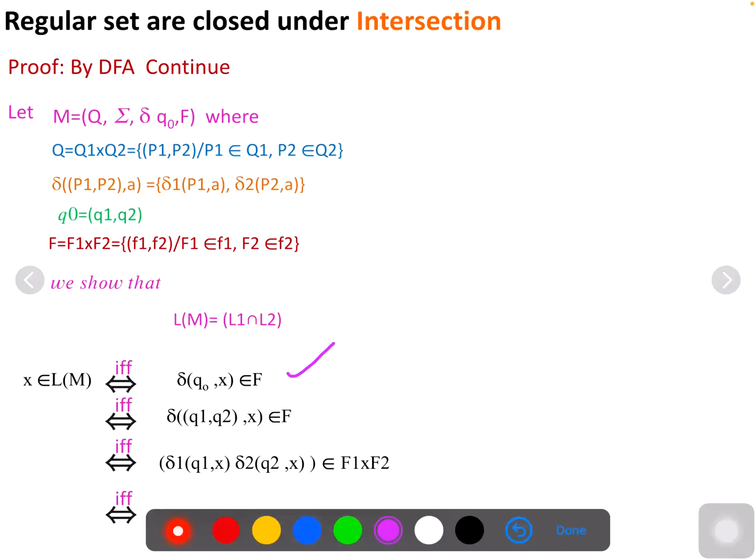Then delta1 of (q1, x), delta2 of (q2, x) belongs to F cross F1 cross F2, right? So this can be: the first state belongs to F1, the second state belongs to F2, then x belongs to L of M1 and x belongs to L of M2.